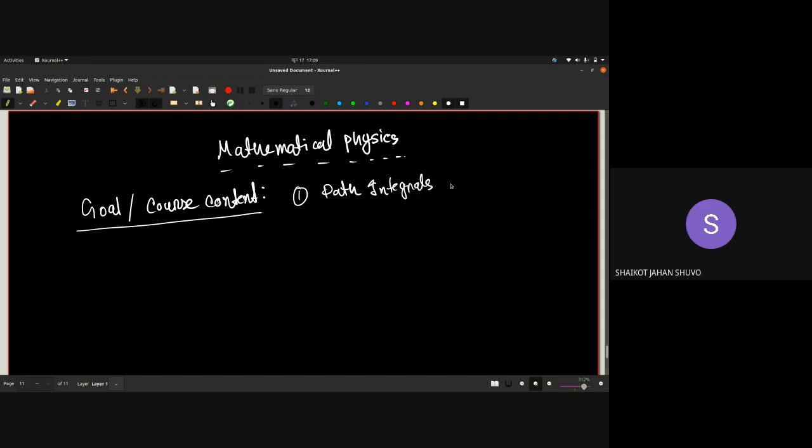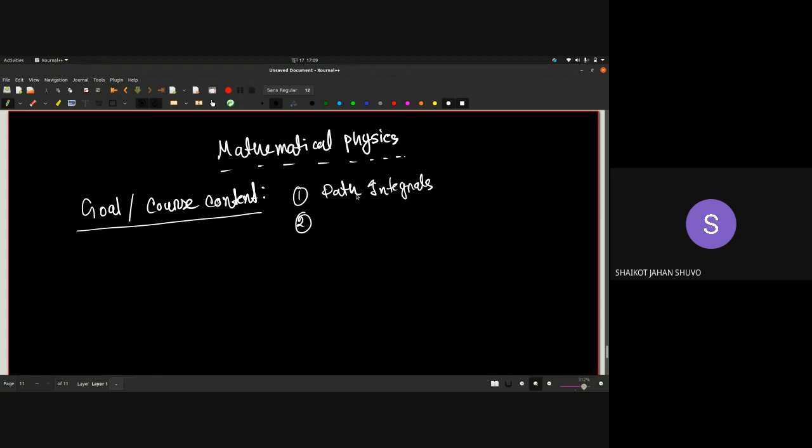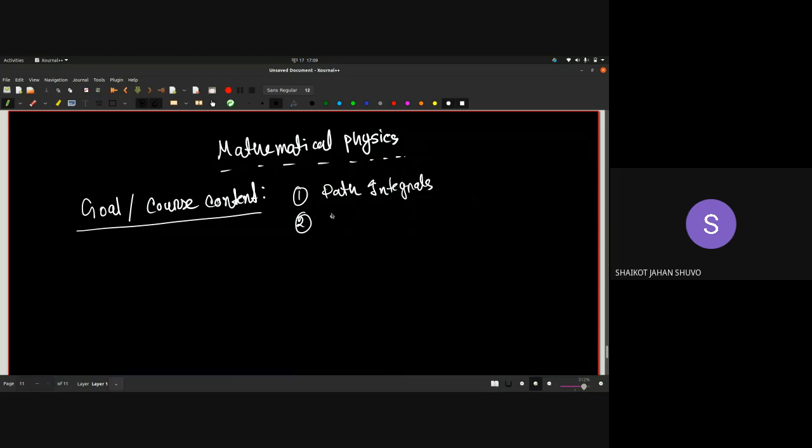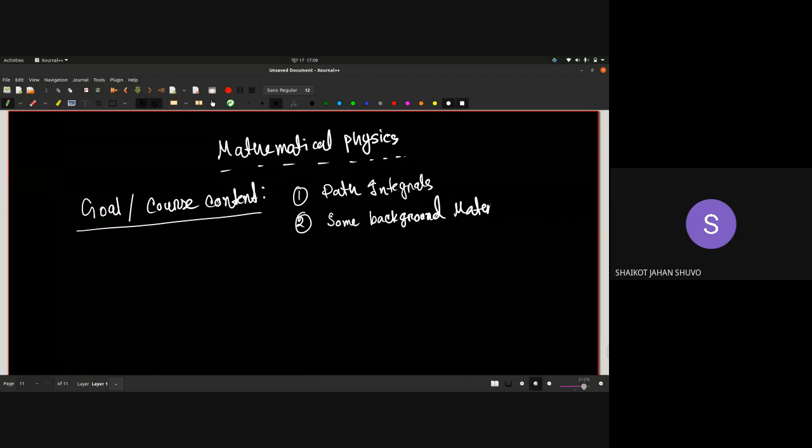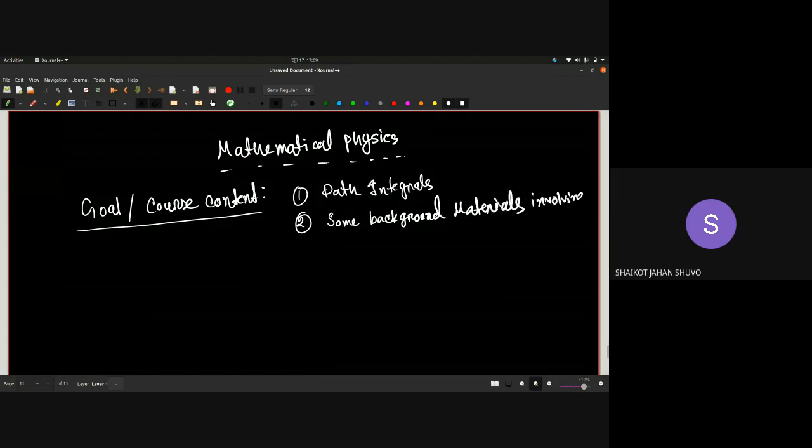And after we are done with path integrals, I would like to introduce some very fundamental concepts, like mapping, what are sets, what is a topological space. So I like to call this some background material, involving some point set topology as well.